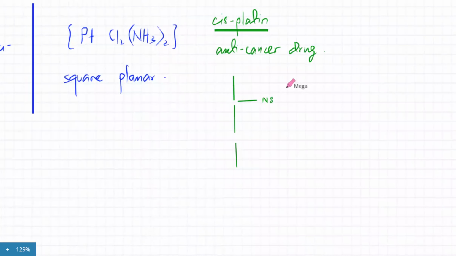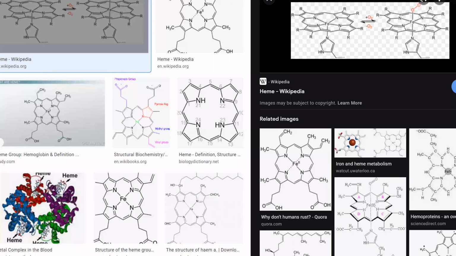There are 4 types of nitrogen bases, G, C, A, T. So it's a polymer with lots of nitrogen bases coming out of it. This is how an actual DNA molecule looks.